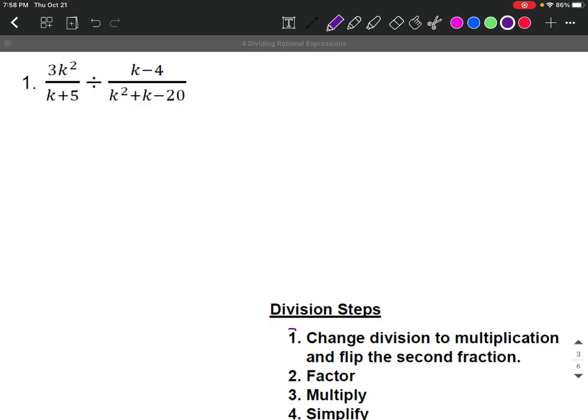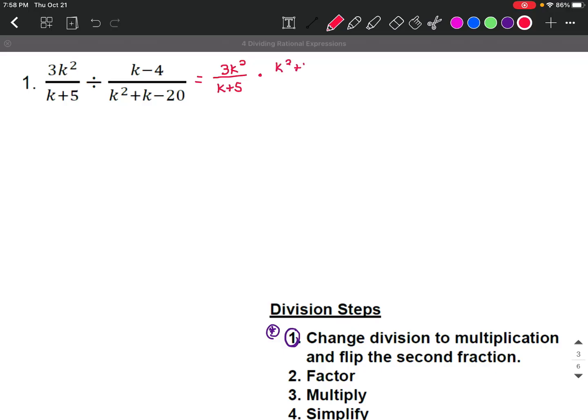Now remember, for division, the only new step we have is to change division to multiplication and flip the second fraction. Okay, so we're going to keep the 3k squared over the k plus 5, change division to multiplication, and we're going to flip the second fraction.